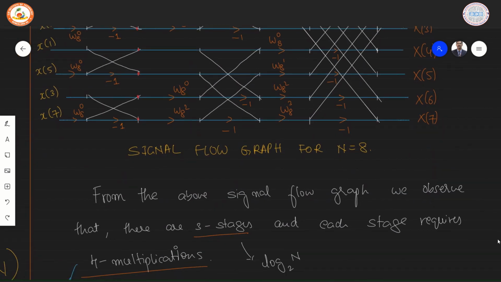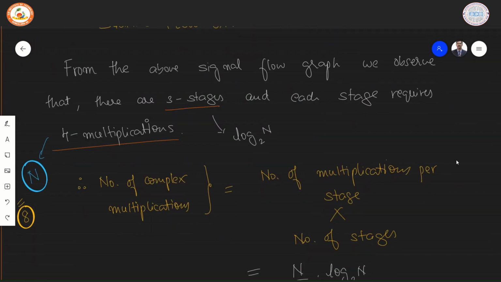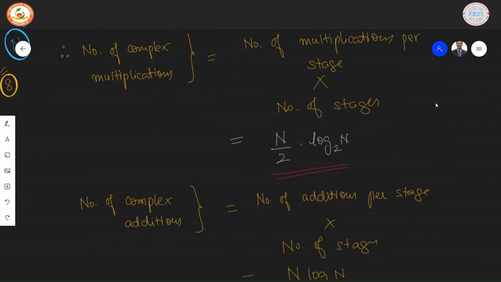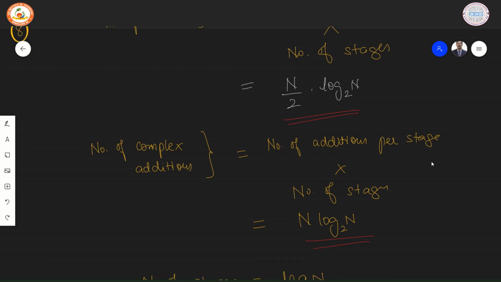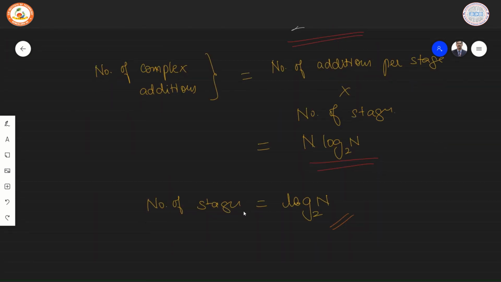Therefore, there are n additions in each stage and the number of stages is log n to the base 2. Hence, we arrive at the formula for the number of complex additions as n times log n to the base 2, and the number of multiplications is half that number, that is n by 2 times log n to the base 2. The formula for the number of stages is log n to the base 2.